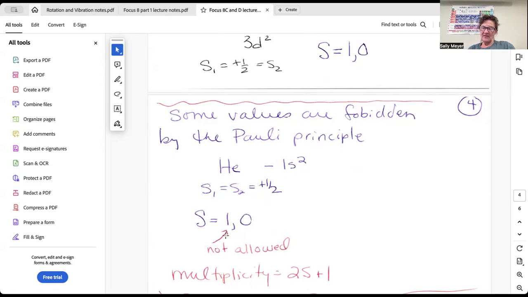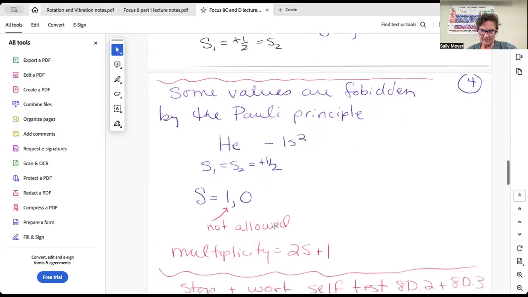So you couldn't have an S of 1. S of 1 means that both spins are in the same direction, and we know if the 2 electrons are in the same orbital, they have to be anti each other. So in this case, you can look at some of your spin values and decide whether or not they're actual possibilities. So the only spin quantum number for the helium atom would be a 0.